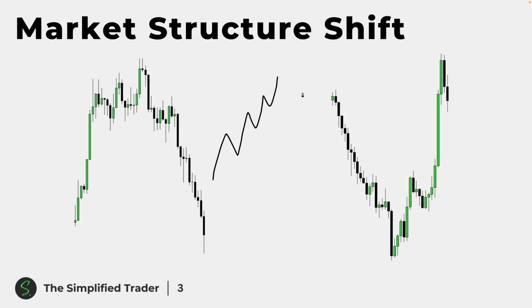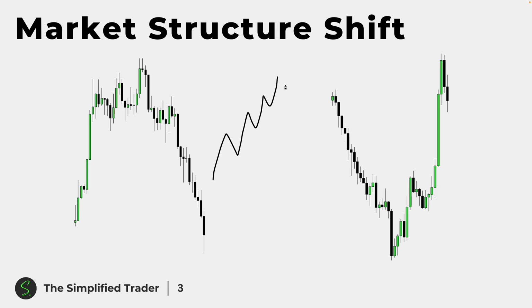If that doesn't happen, what is the next thing that's going to happen? If we fail to make higher lows, we are going to make a lower low, meaning we are going to have to break the previous higher low. So if we get something like this, we have failed to continue with the trend, and we have broken market structure. Here we made a lower low because this low is lower than this low.